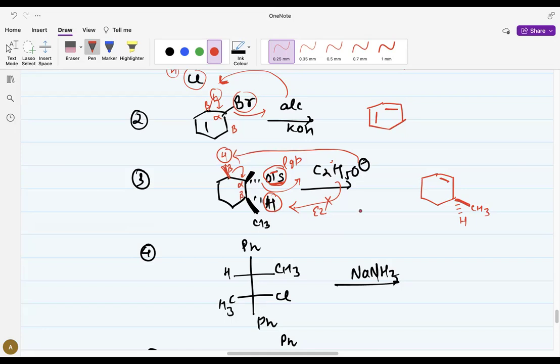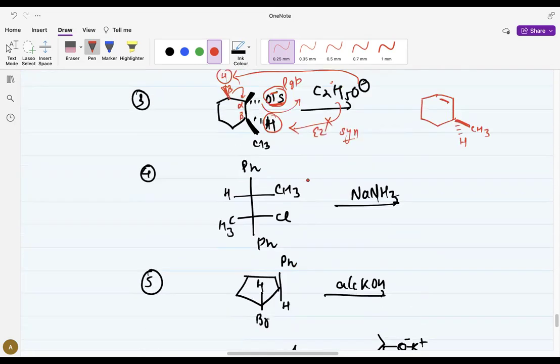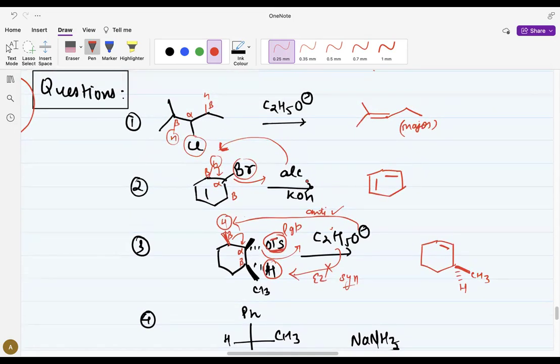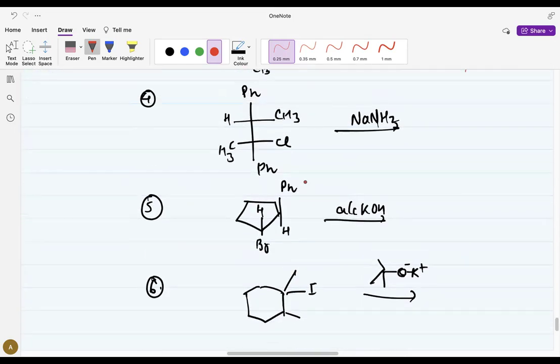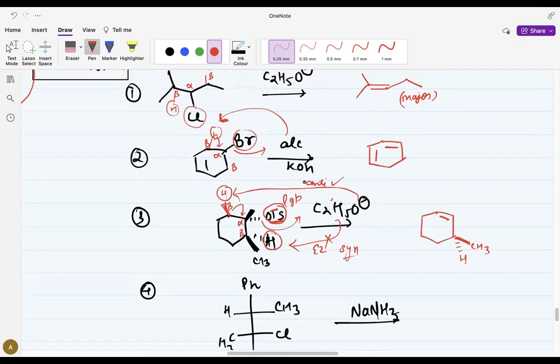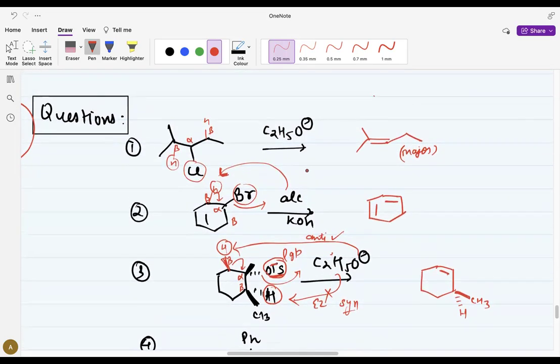Syn elimination, we cannot do syn elimination. We have to do anti-elimination. See, simple it is. Write these three beta in your copy.